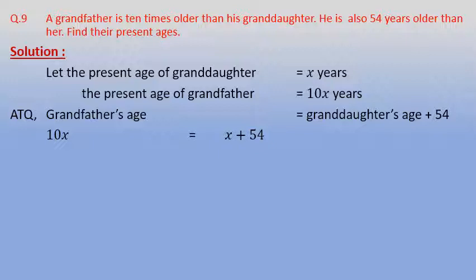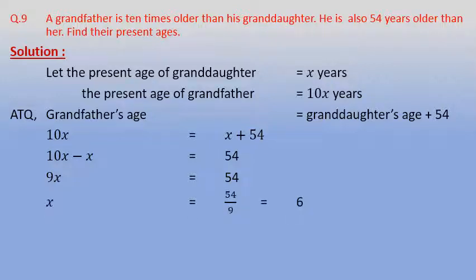For that, first we have to move the variable to one side and numeral to the other side. So x will come to LHS, it will become minus x. So 10x minus x equal to 54. 10x minus x is 9x equal to 54.